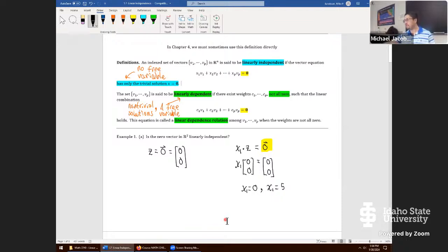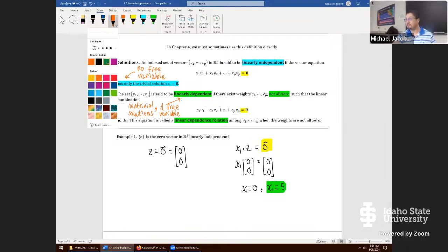We look up the definitions. It says your set of vectors, even if it's just one vector, is linearly dependent if there exist weights. That's the weight or scalar, just one of them. Not all 0, such that the linear combination holds or is consistent. We just found one right here, which is not 0, which makes the original equation consistent.